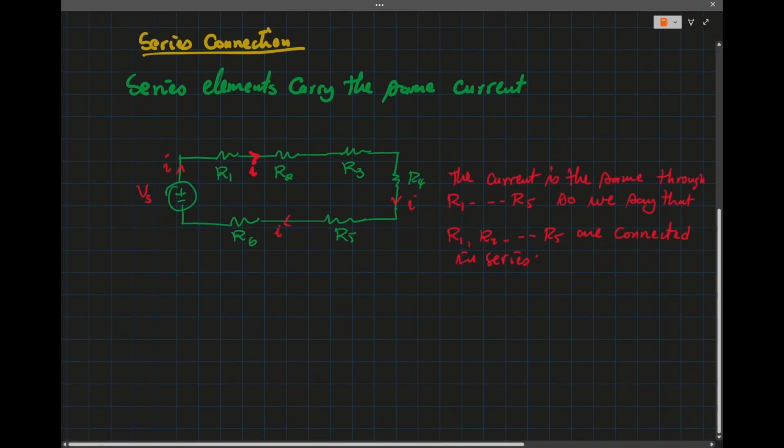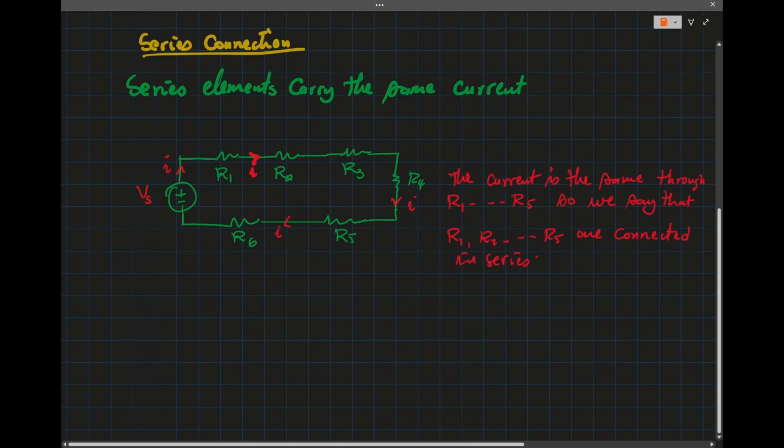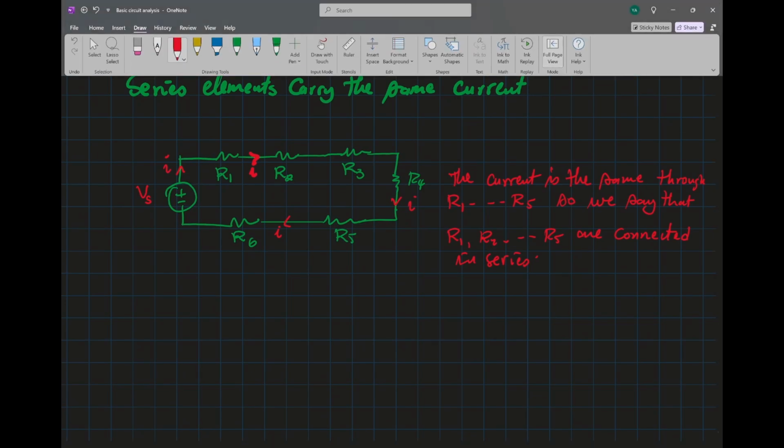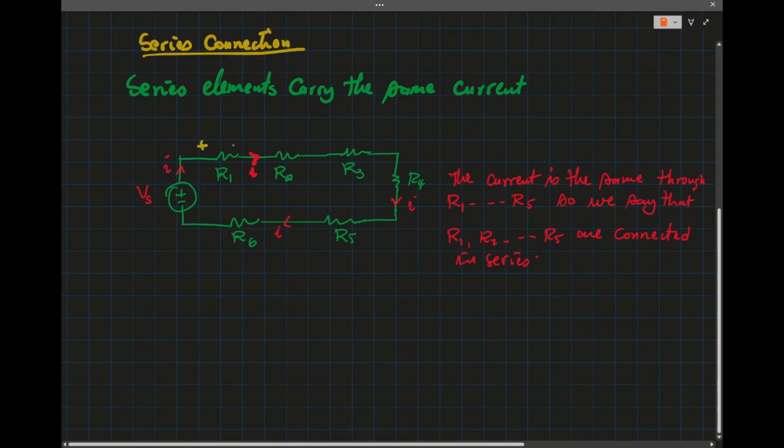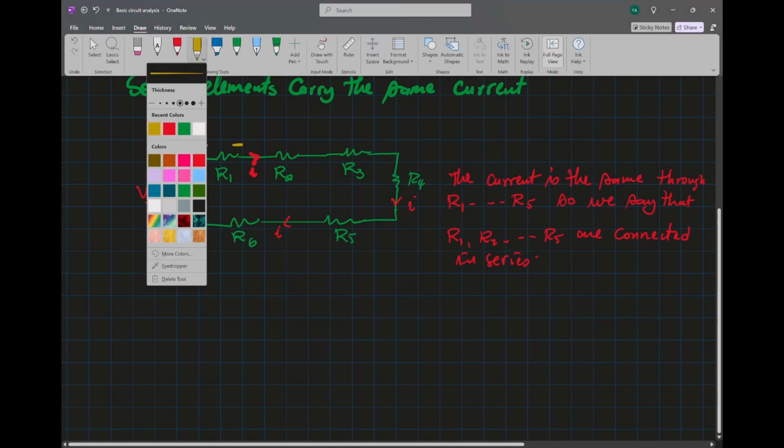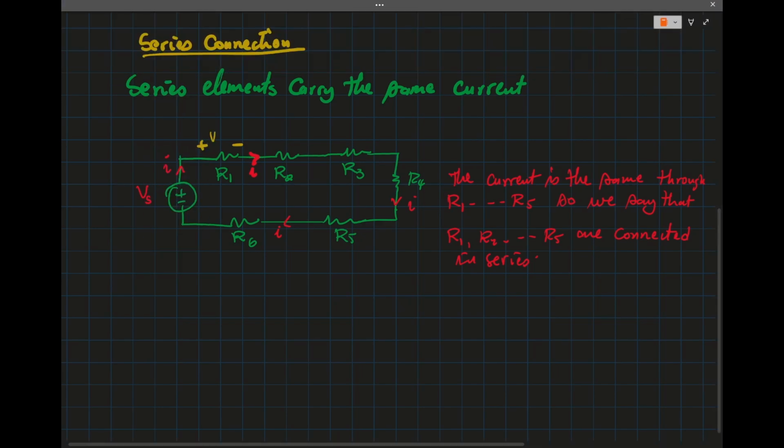Okay, so let me label the voltage across these elements. So we have VR1, VR2, VR3, VR4, VR5, VR6.